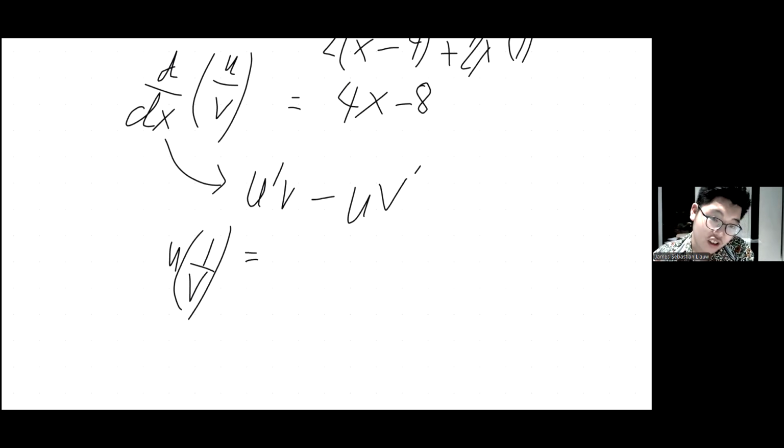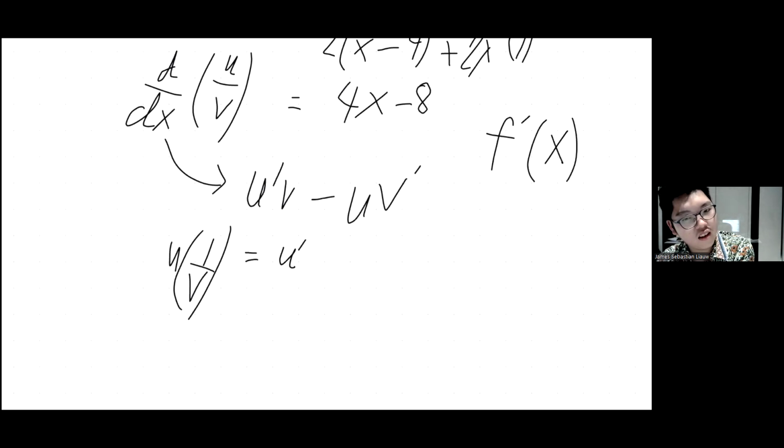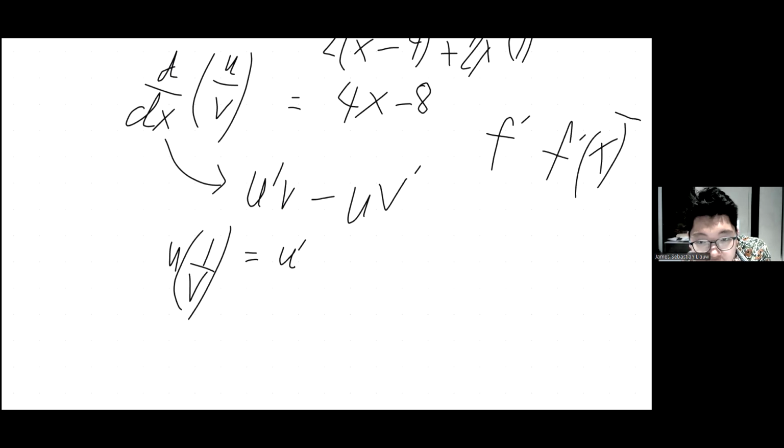Well, u and v are functions of x, right? U prime is exactly the same as saying f prime of x, except you don't write that x, because essentially this is shorthand notation. So this and this basically mean the same thing, by the way.